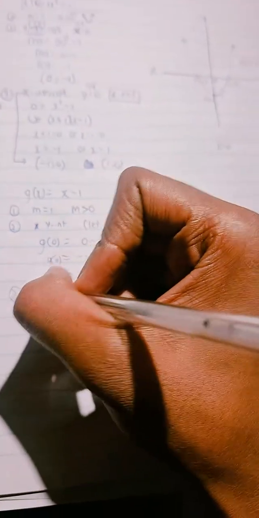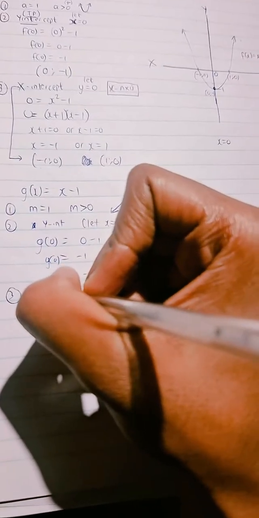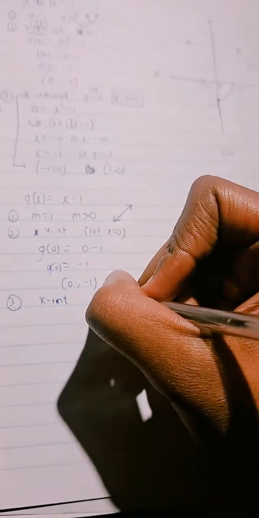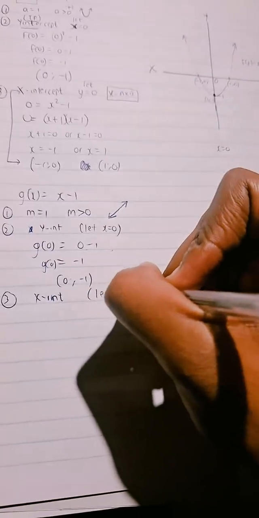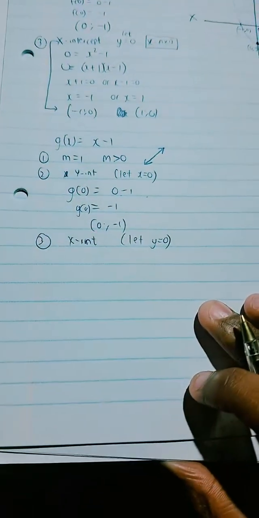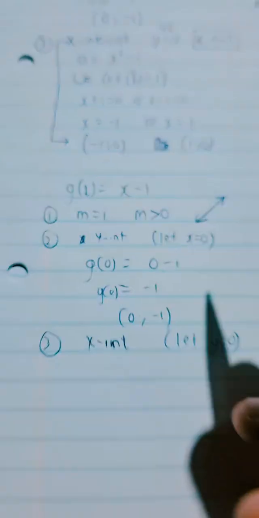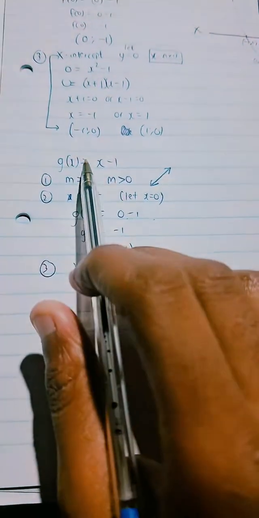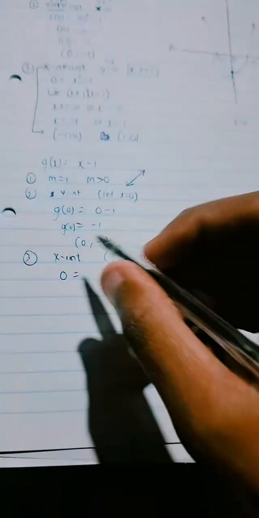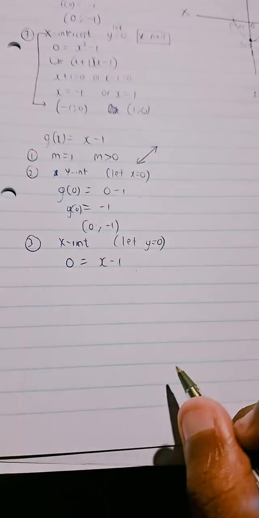Point 3, we find the x-intercept. Here we let y be equal to 0. When we let y be equal to 0, we go to the function. In the place of y, which is g of x, we substitute 0. So we displace g of x completely with 0, and then we say x minus 1.